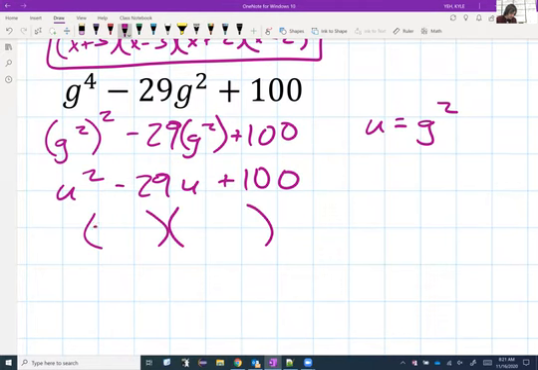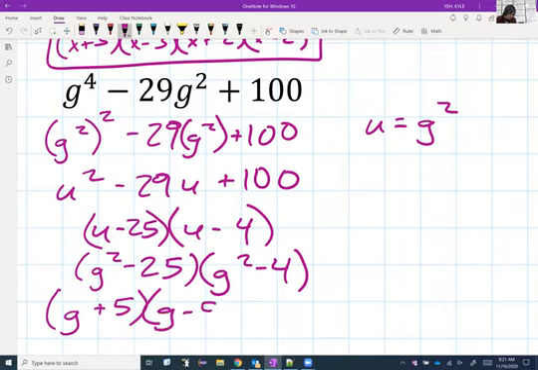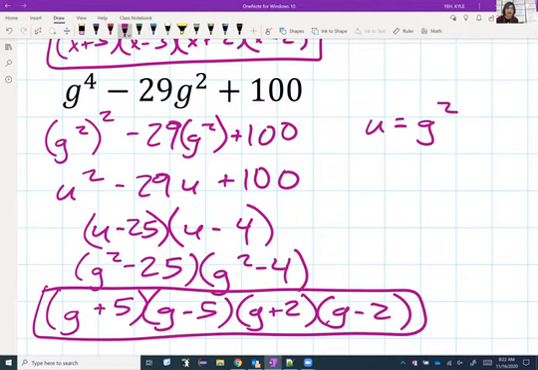I'll set up my parentheses, u minus, minus. 25 times 4 is 100, and 25 plus 4, they're both negative, so that adds up to the negative 29u. Now that u has served its purpose, I can sub the g squareds back in. And in this case, just like the last one, make sure to factor as far as you can. So g plus 5, g minus 5, g plus 2, g minus 2. We will factor those quadratics that we found after factoring the first part.